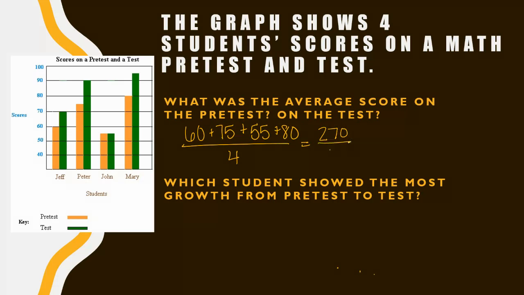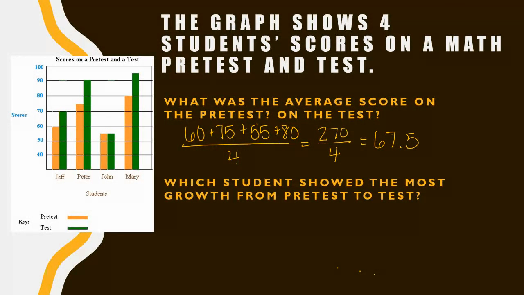I hope my math is right on that. Divided by 4. When I divide that out, I get 67.5. So the average score would be a 67.5 on this pretest.